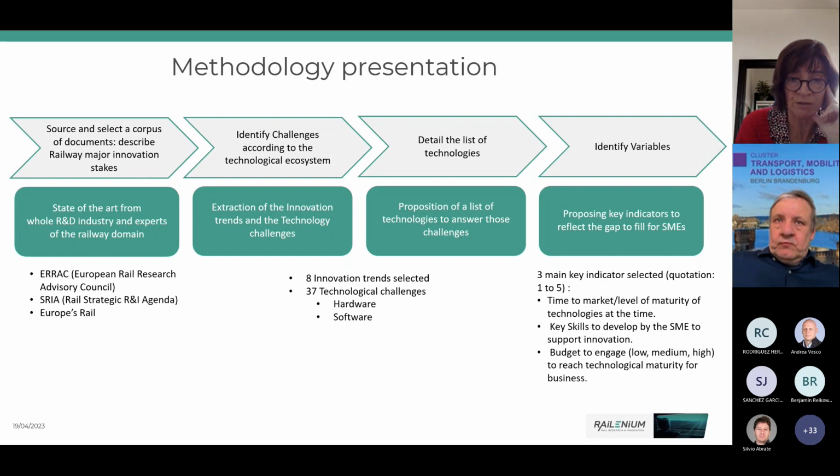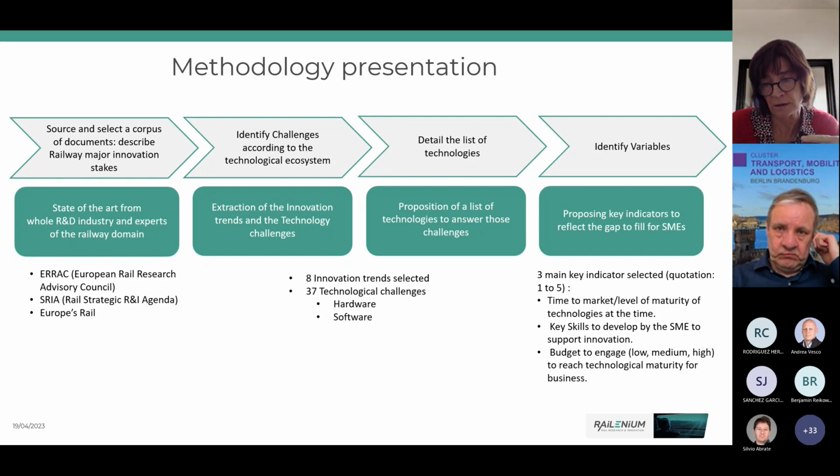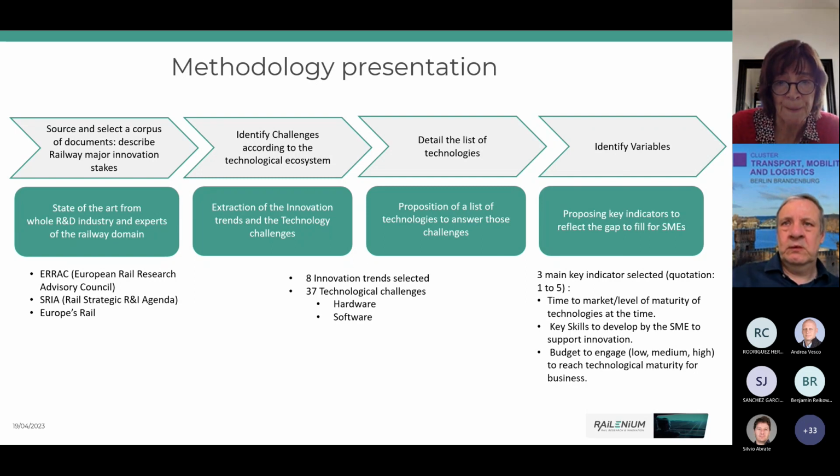So starting from this state of the art, the second step was really to identify what are those changes, more precisely regarding all the technological ecosystems. So it means to extract from those roadmaps the innovation trends and the technology challenges associated to those changes. Then the third step was to detail more the technologies that will provide answers to those challenges.